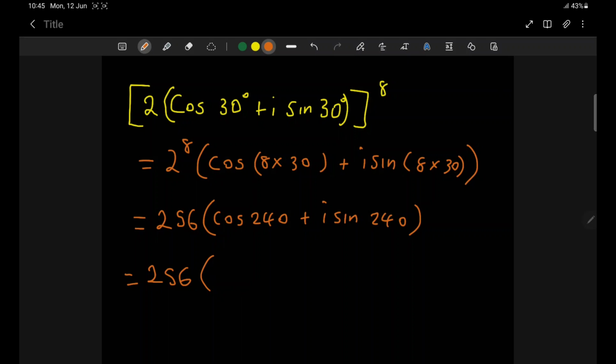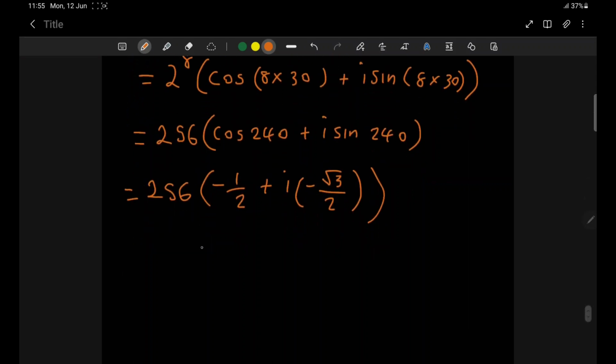Cos 240 will give us negative 0.5. So from the special angles, that is negative half, plus i times sine 240. Sine 240 gives us negative square root of 3 over 2.